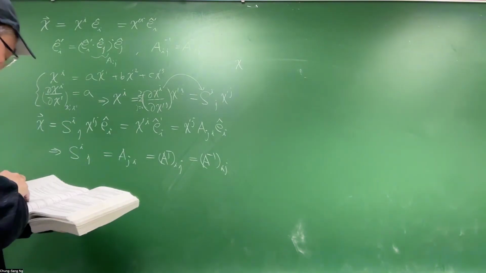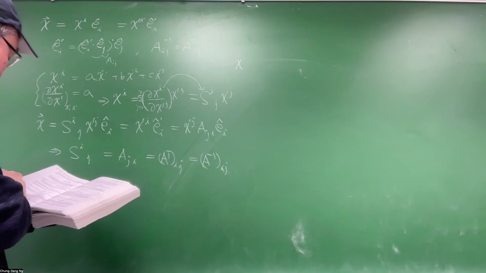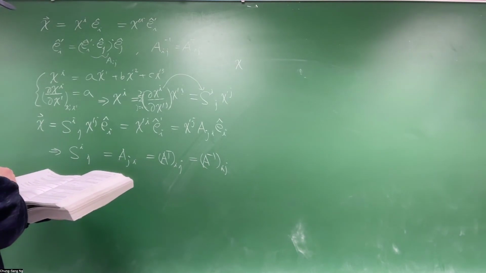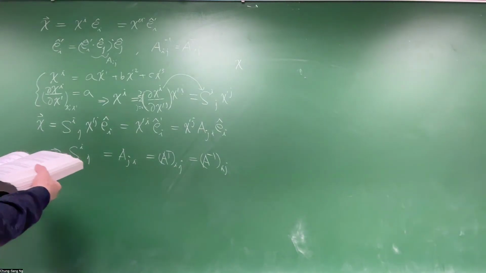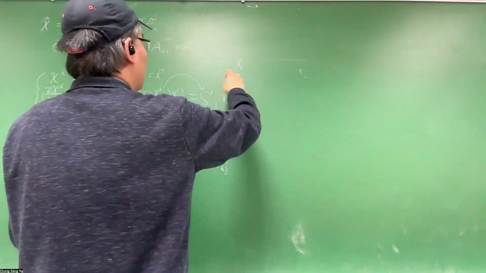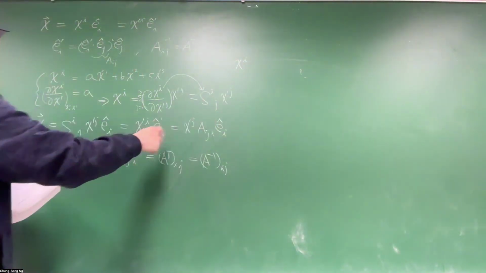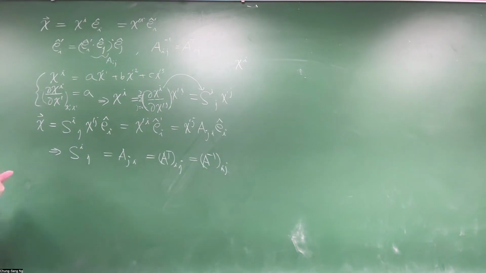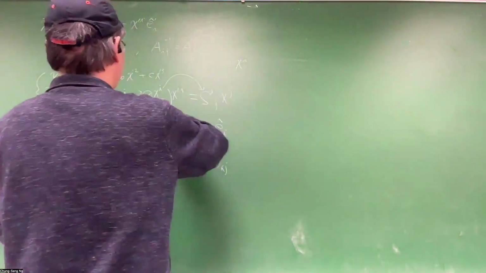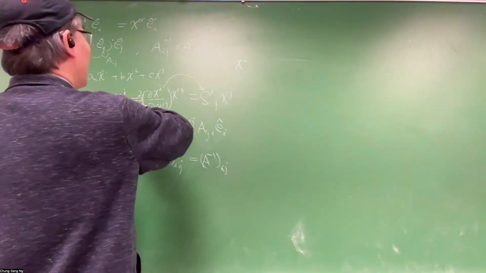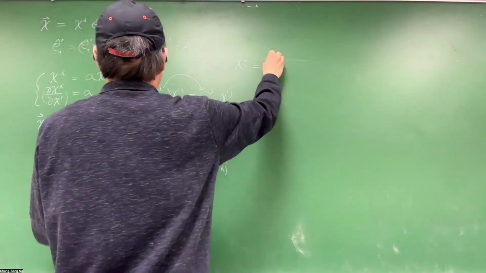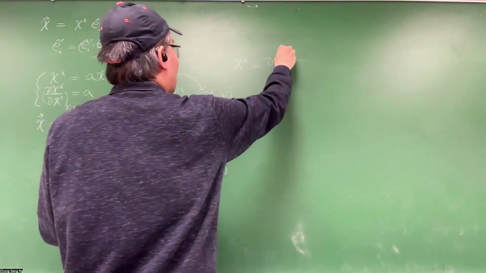This sometimes it's kind of hard to keep track of these notations. I may have called the S a different S than the textbook. So xi in this case is partial xi.